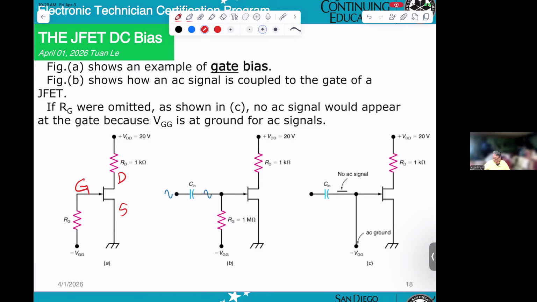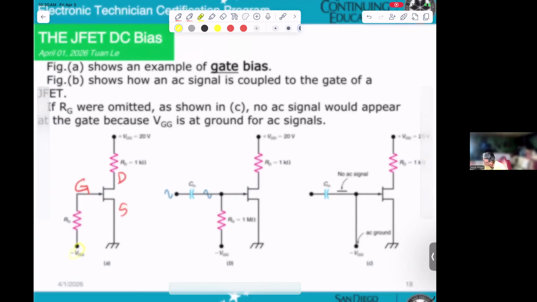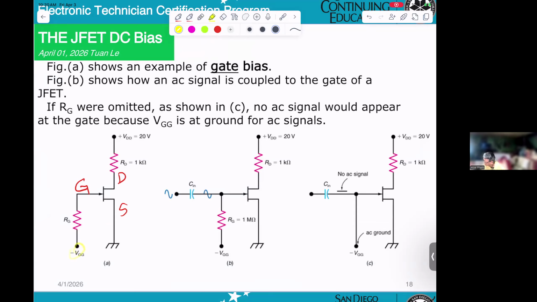For the gate bias, they connect a negative voltage, minus VGG, to the gate.